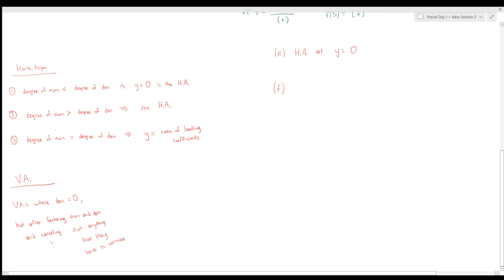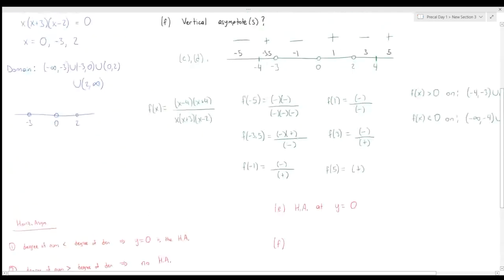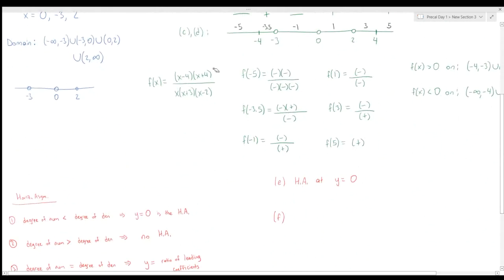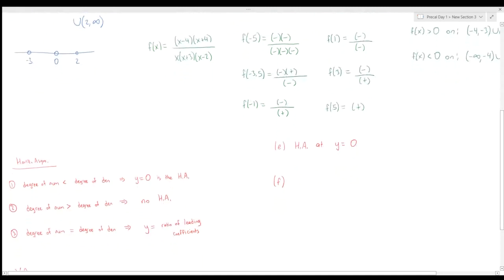Okay. So looking at this example that we had, this is the function with the numerator and the denominator fully factored, okay? So when you factor the numerator and denominator, if they have something in common, you'd be able to cancel something out.